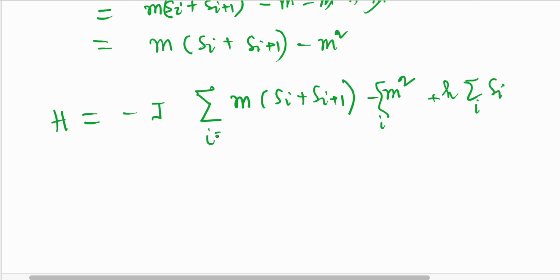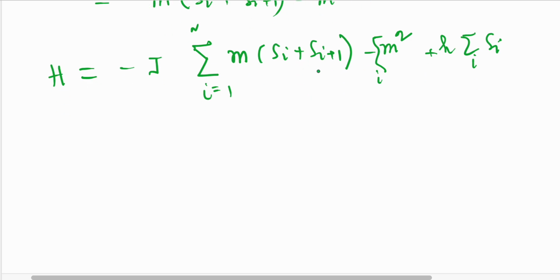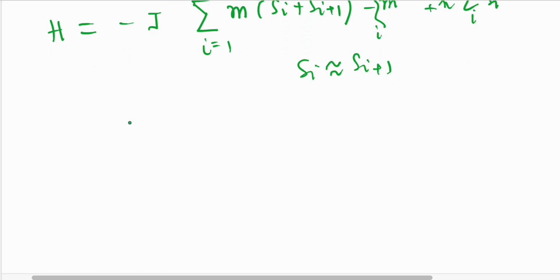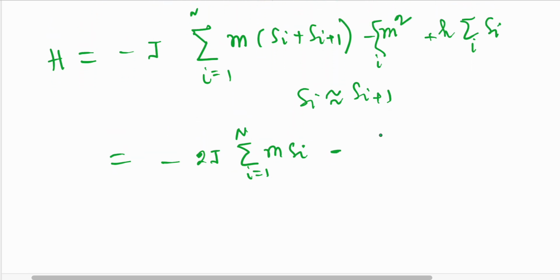Since N is huge, we can write Si plus 1 as Si. That means Si is nearly equal to Si plus 1. So we can write it as minus 2J summation of i equal to 1 to N M Si, minus, there is a J also, J N M square, plus h summation of i Si.